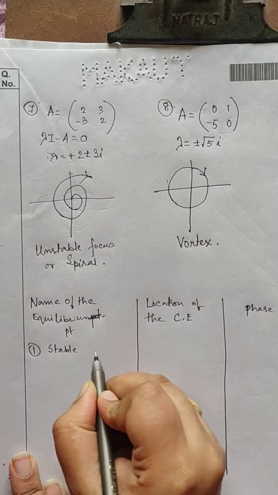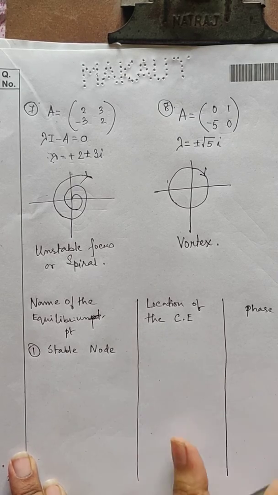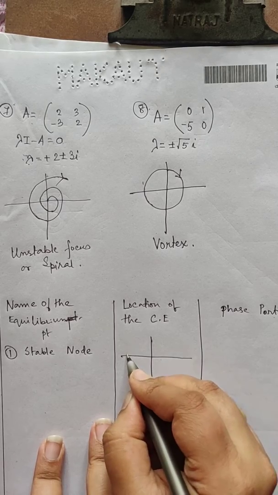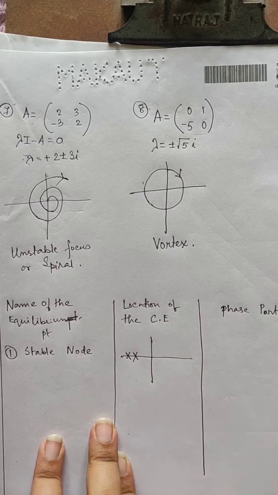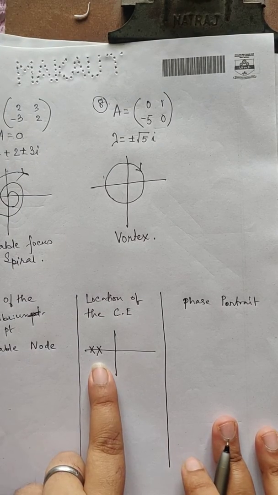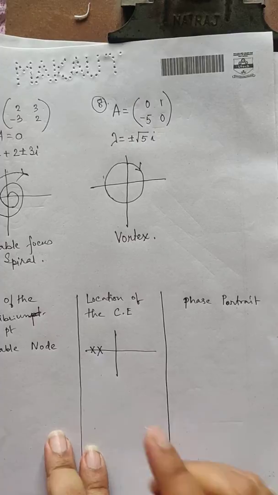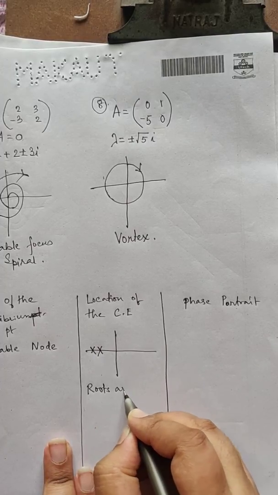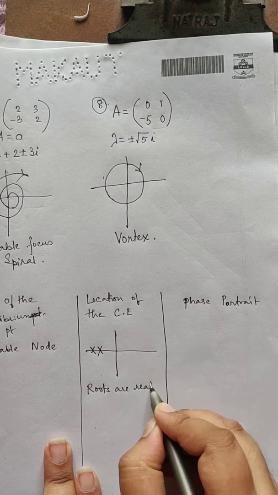So the first case will be the stable node. For a stable node, the location will be two eigenvalues on the negative side. When I have two eigenvalues on the negative side, we consider the roots as real negative.